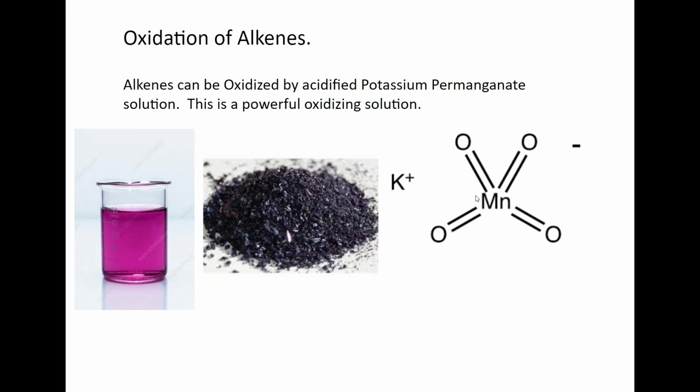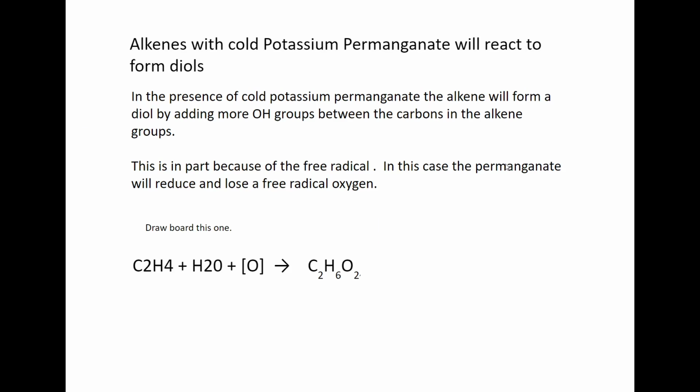And when this gets reduced, it's going to make a lot of free radical oxygens. And that's the main idea: these free radical oxygens that come off of here are the oxygens that we're going to add to our compounds as we go forward.